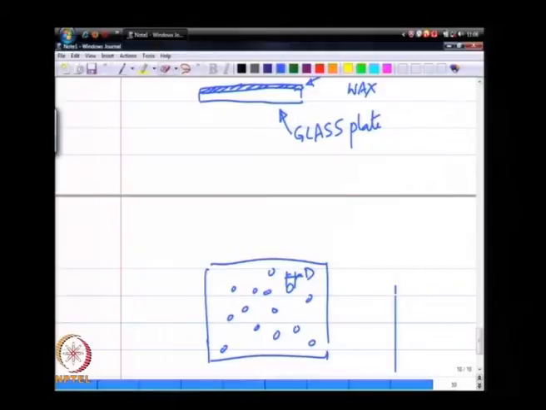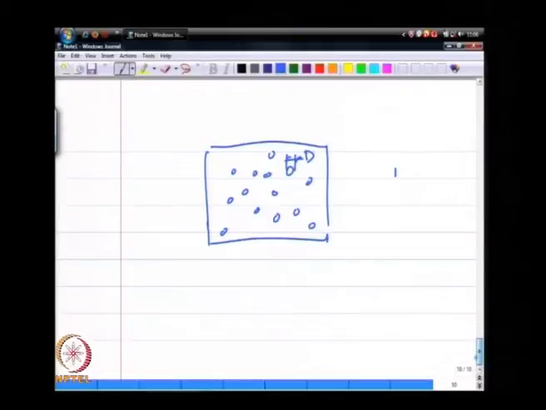So, how can you finally get drop size from this? What you need to do is that this instrument now requires some sort of a calibration. So, what I have at the end of the day is the size of this indentation, but not the size of the drop.